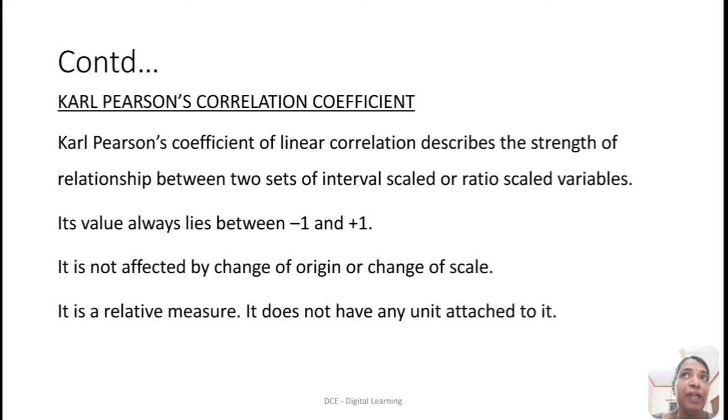That is, if you get a value of plus 2 or minus 2, then your calculation is wrong. It is not affected by the change of origin or change of scale. It is a relative measure. It does not have any unit attached to it. So the correlation value should always lie between minus 1 and plus 1.